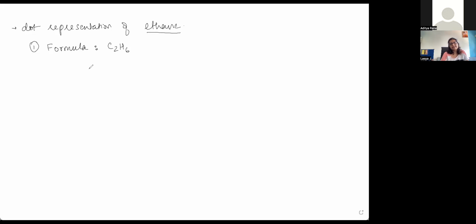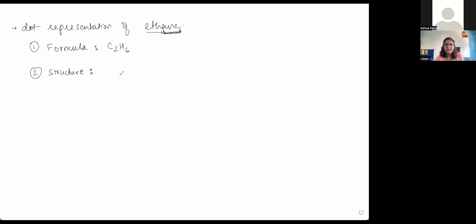So the formula of ethane, all of you got it, is C2H6. Now how will the structure be? All will be single bonds. Correct, because one hint is ethane is a saturated carbon compound, so all should be single bonds.